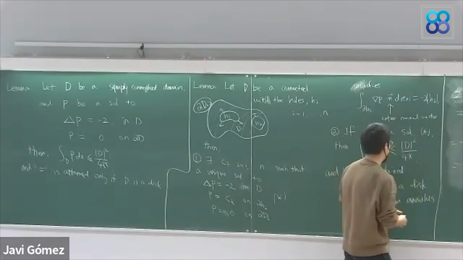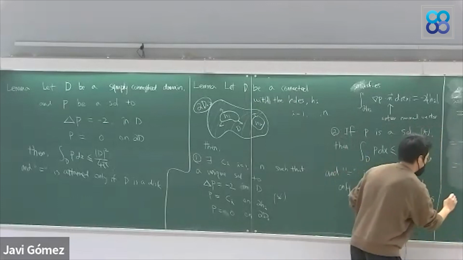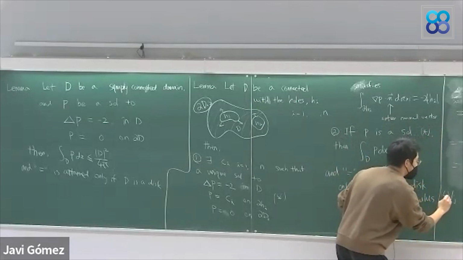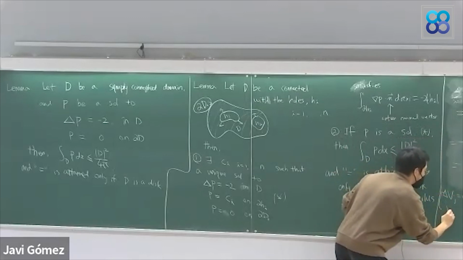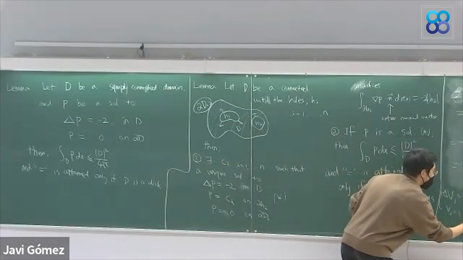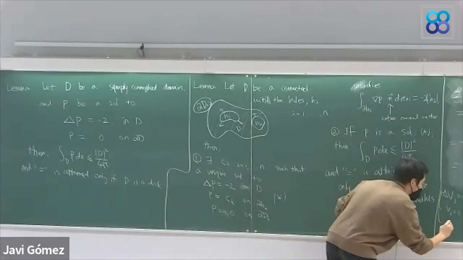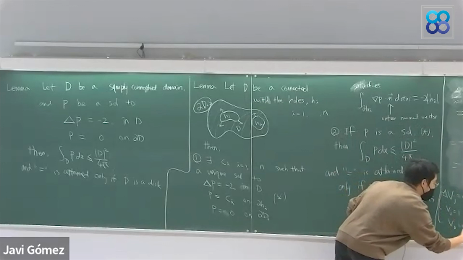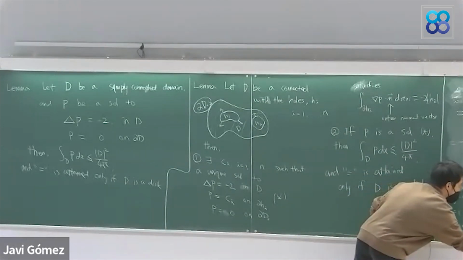And I shouldn't have erased this, but Vj was harmonic in D, and Vj was 1 on the jth boundary, and it's 0 on the other boundaries.